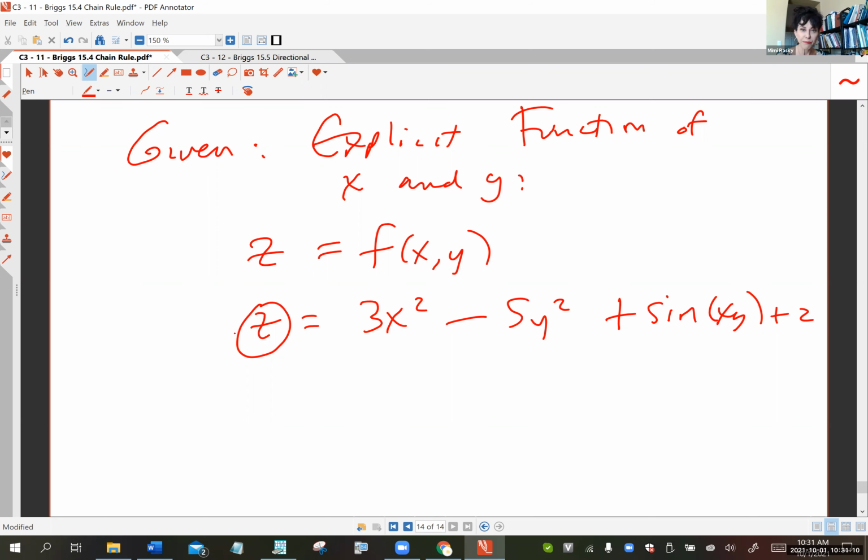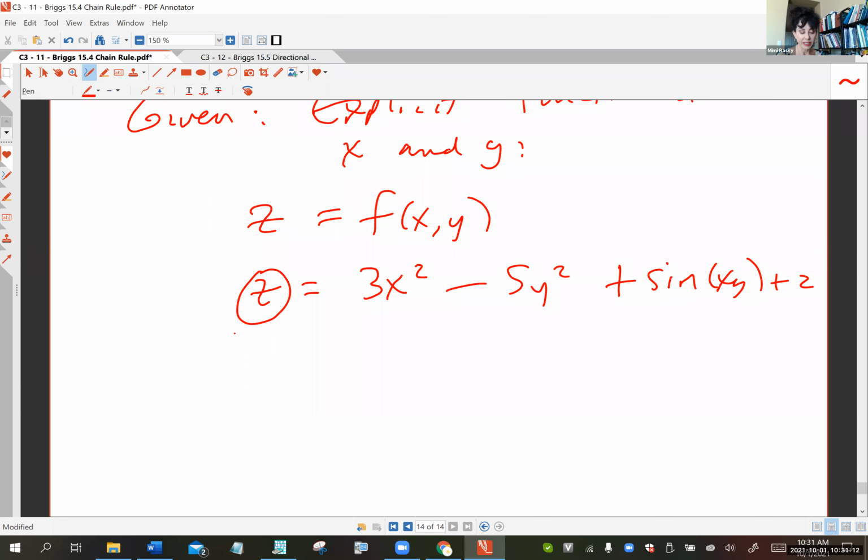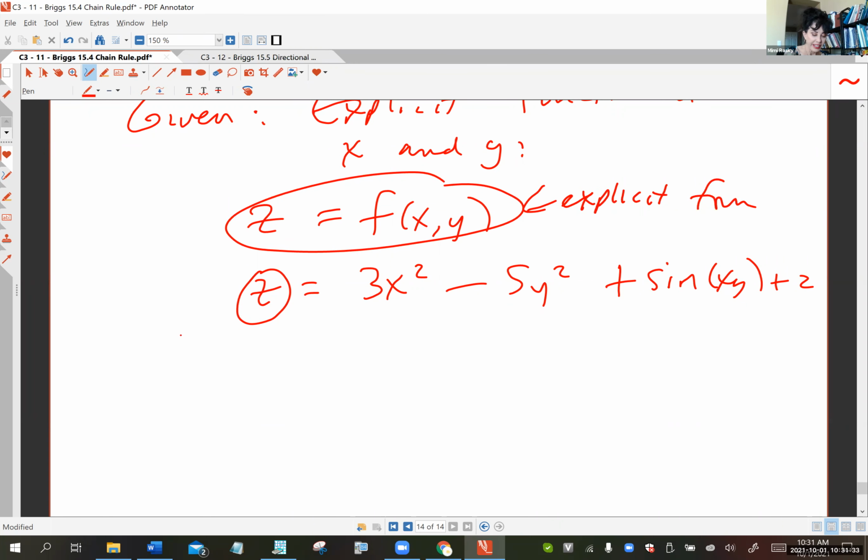So what's implicit? Well, implicit is where you can't solve it for z because it's just too hard. There's no way you could isolate the z and get all the x's, y's, and the other junk on the other side. Forget it.